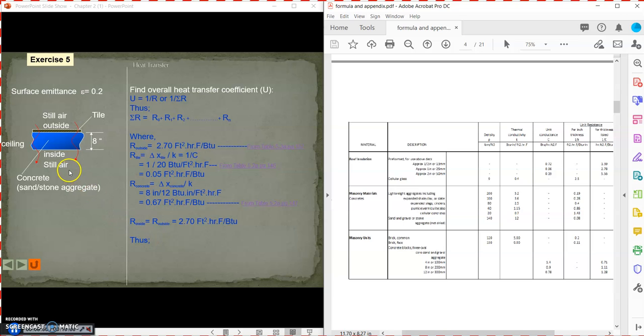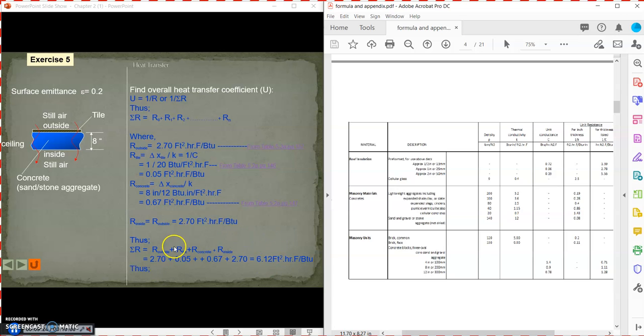Alright, so R inside is the same as still air outside, which is 2.7. So you just sum R: R outside plus R tile, R concrete, and R inside. Alright, so the sum of R is equal to 6.12 feet square hour Fahrenheit over BTU. Please use your calculator and check my calculation again, whether it is correct or not.